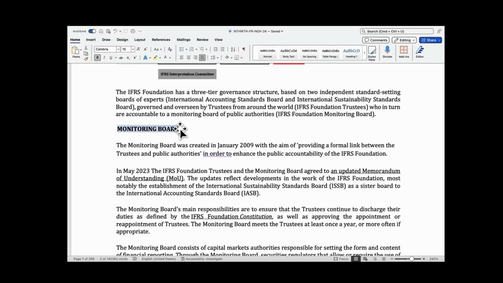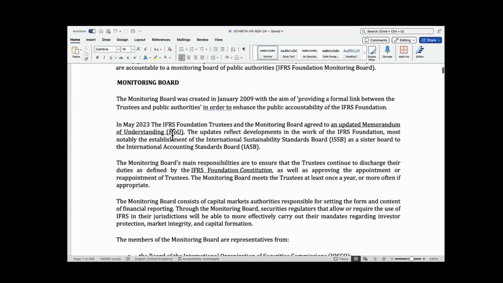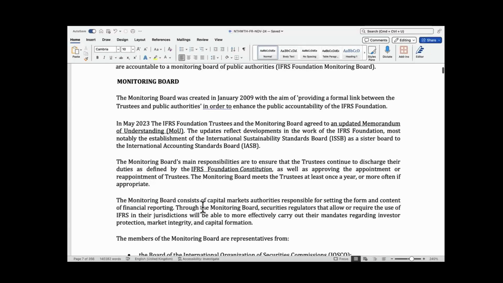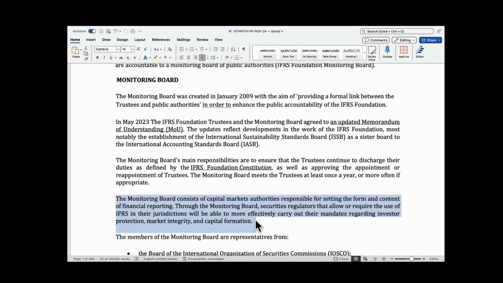And again, just understand who they are. So you see, this monitoring board, what they do majorly is they are just there to ensure that this structure in charge of IFRS is actually publicly accountable. And the way they have achieved that is they ensure that the members of this board comprise capital market authorities.